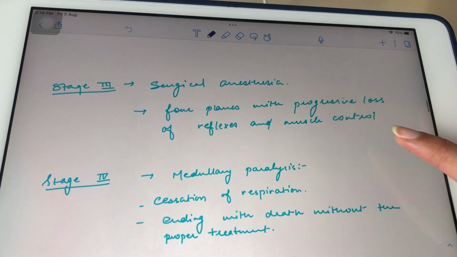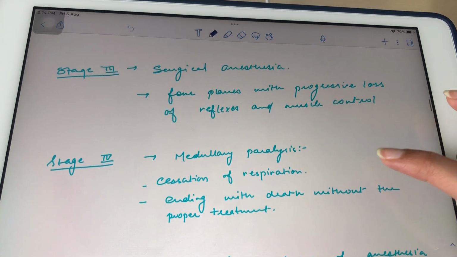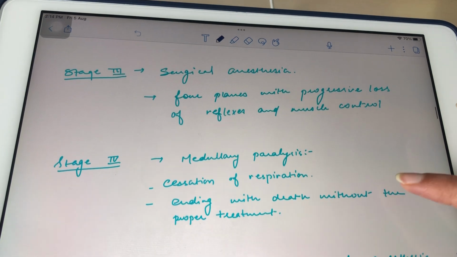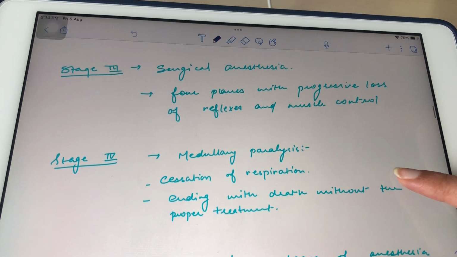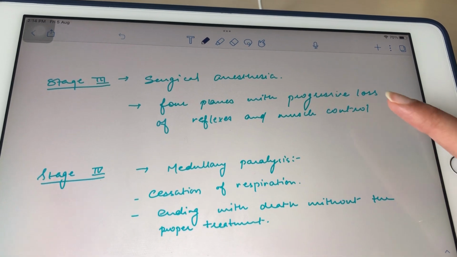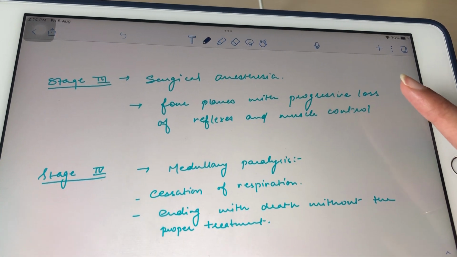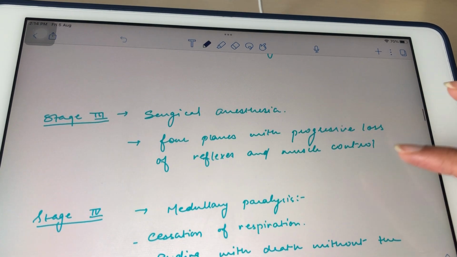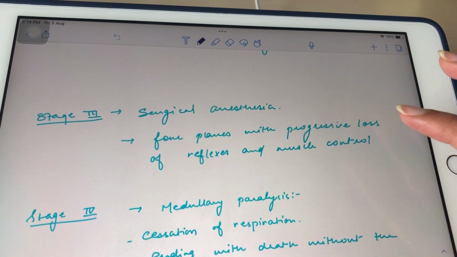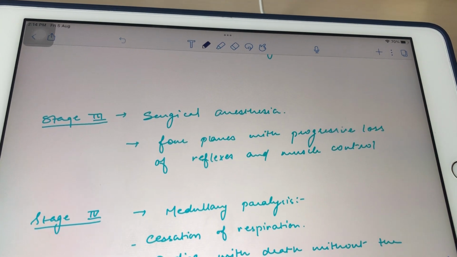Now stage 3. Stage 3 is the surgical anesthesia. 4 planes with progressive loss of reflexes and muscle control. Now this is the part where a surgeon does his job, and the patient should be maintained in this phase until the surgery or the work is done.